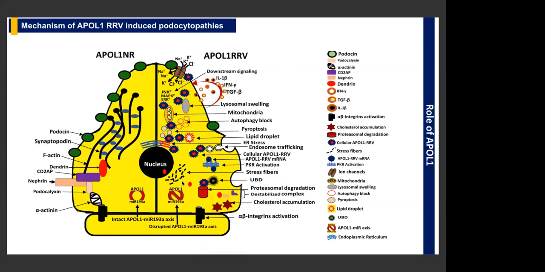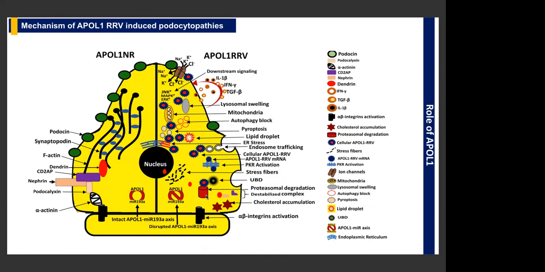There are many mechanisms proposed in the literature for how these APOL1 risk variants cause kidney disease and podocytopathies. They disturb the ion balance, produce certain cytokines, induce lysosomal swelling and mitochondrial dysfunction, block autophagy, induce pyroptosis, and disturb the cytoskeleton of the podocytes.